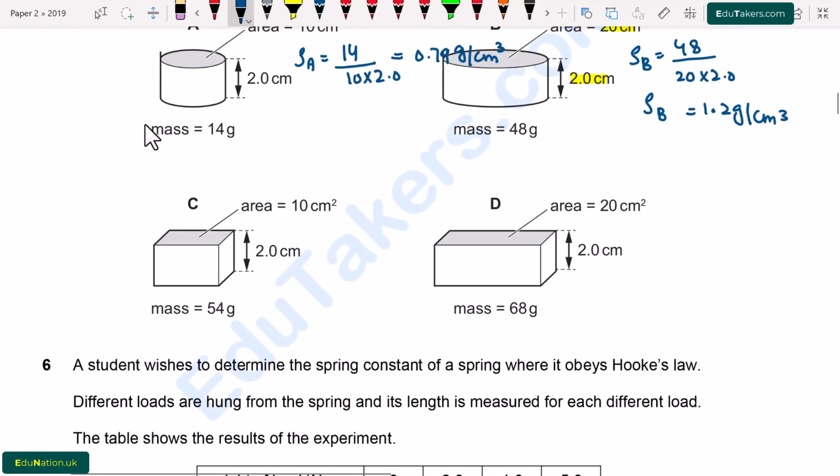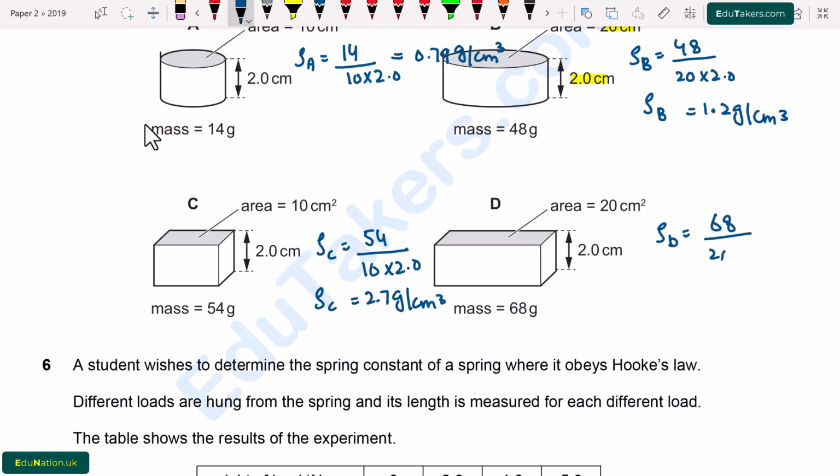For the block C, density is equal to 54 gram, which is mass, divided by 10 and 2.0. So density is equal to 2.7 gram per cubic centimeter. For the object D, it will be 68 divided by 20 multiplied by 2.0.